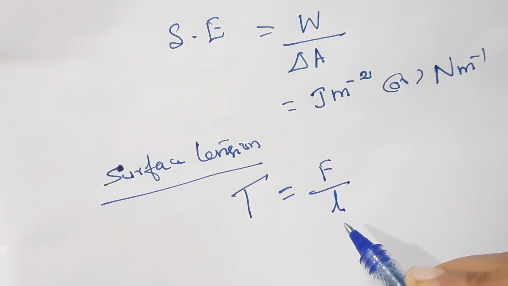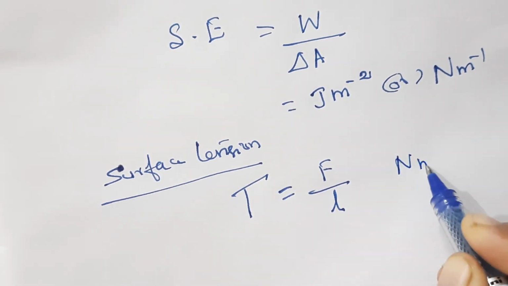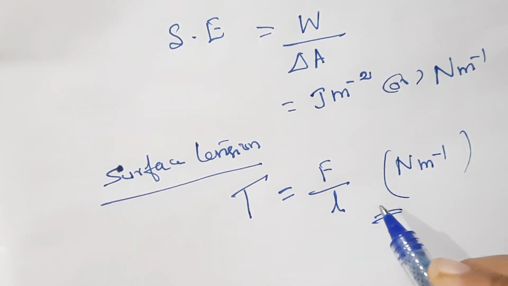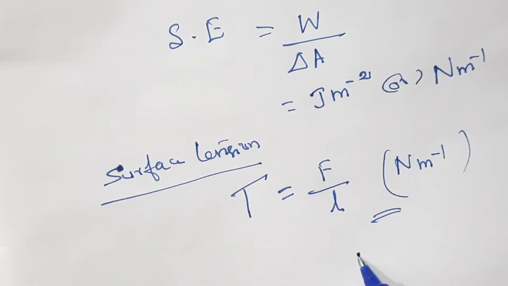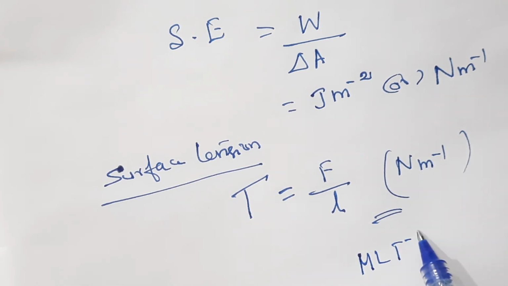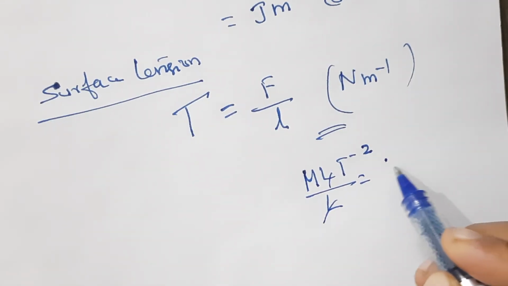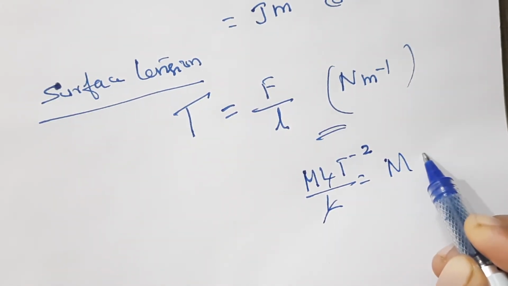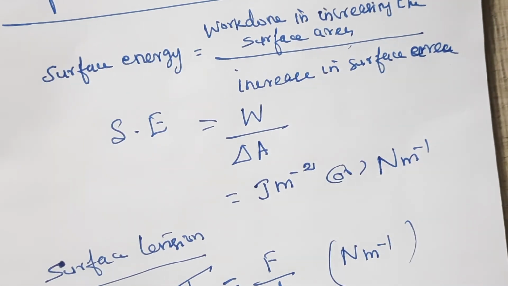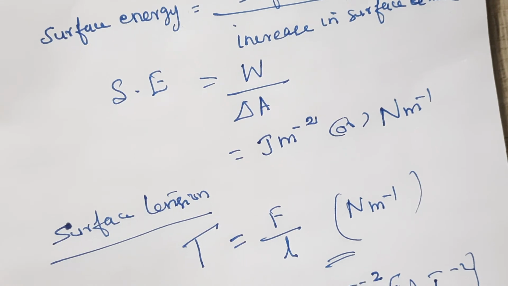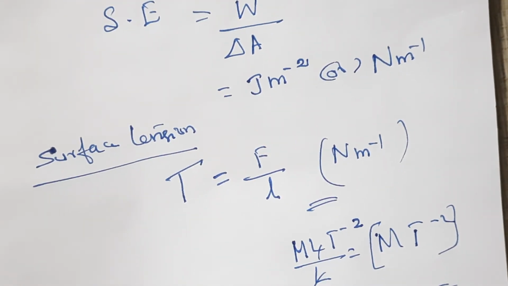The SI unit is newton per meter, N m^-1. The dimensional formula is MLT^-2 divided by L, so L cancels, and the dimensional formula for surface tension is MT^-2. So this is about surface energy and surface tension. Surface energy is W by delta A. Surface tension is F by L.